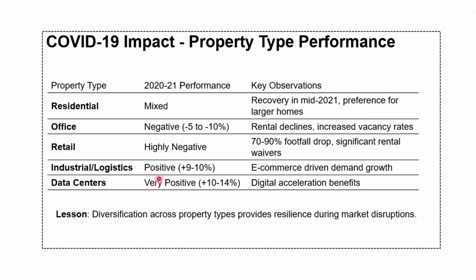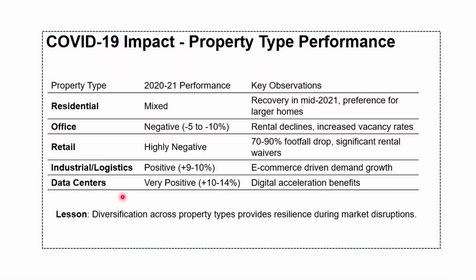Industrial logistics was positive, because e-commerce was appreciated, and the rules were there to encourage it. So more and more logistic hubs or warehouses were required. So it was positive for this sector.